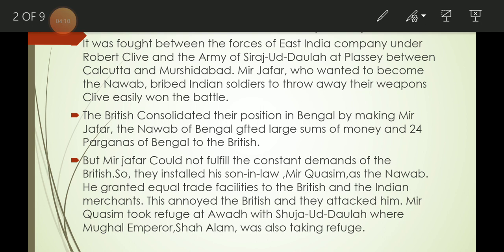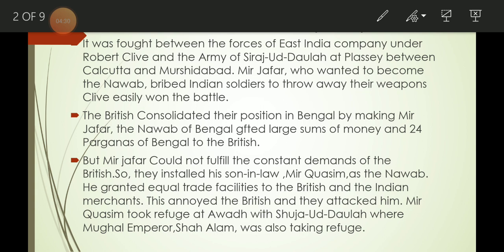The British consolidated their position in Bengal. After winning the Battle of Plassey, they made Mirzapur the Nawab of Bengal.